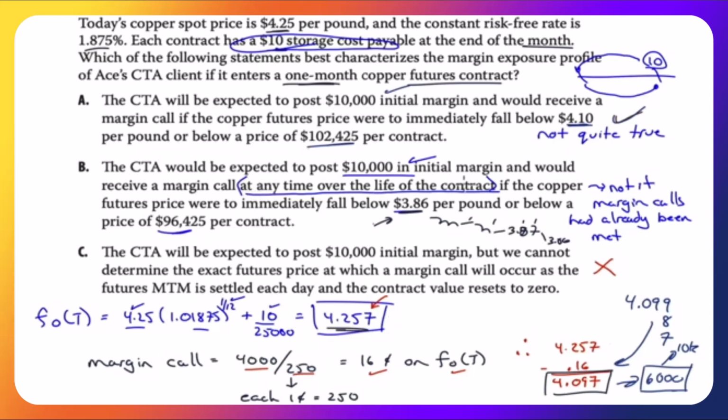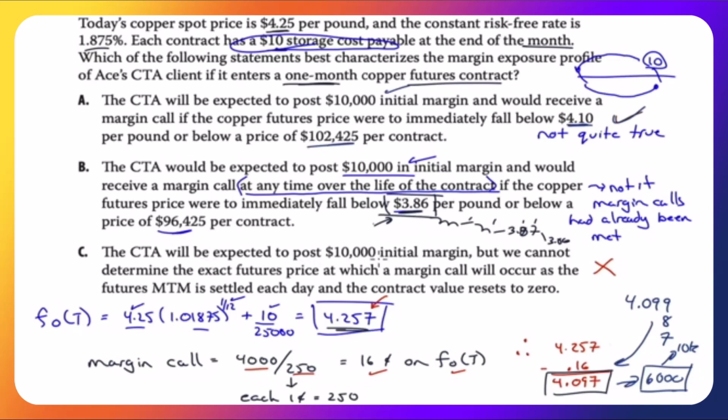So this is saying at any time over the life of the contract, implying that this is a fixed price at which you would get a margin call. The 16 cents, the rate at which you would get a call, is 16 cents, floating from wherever the price is, because remember, you settle up every single day.